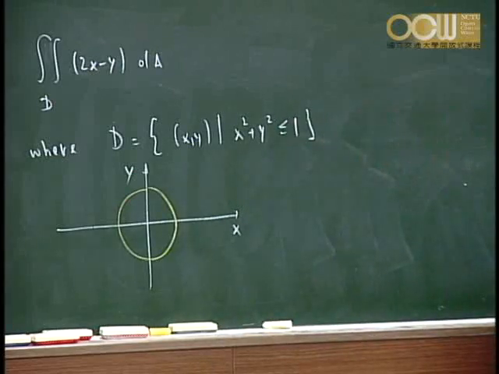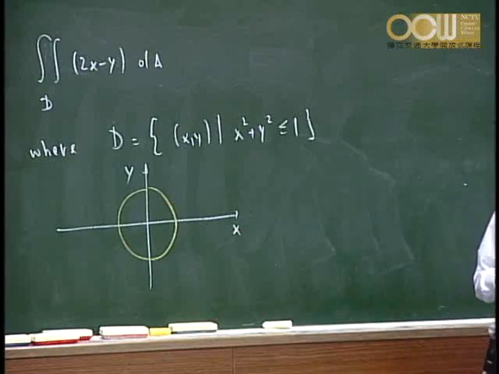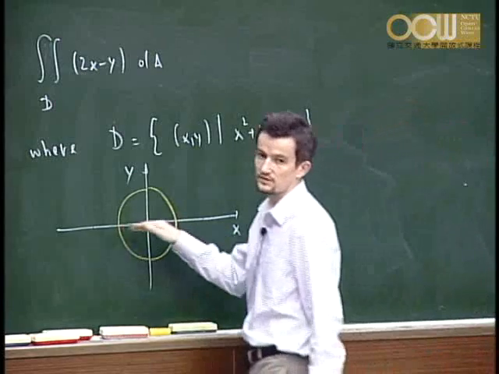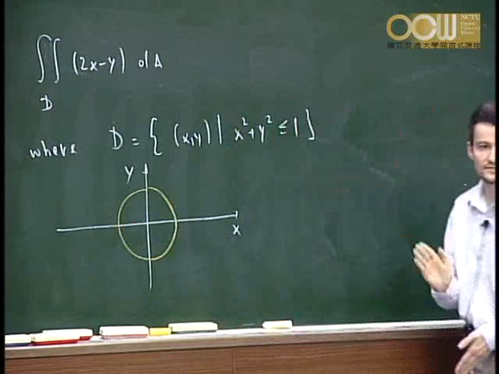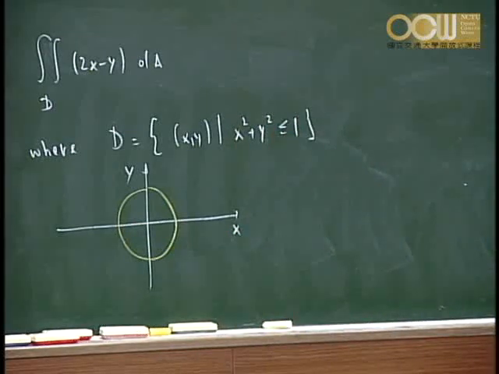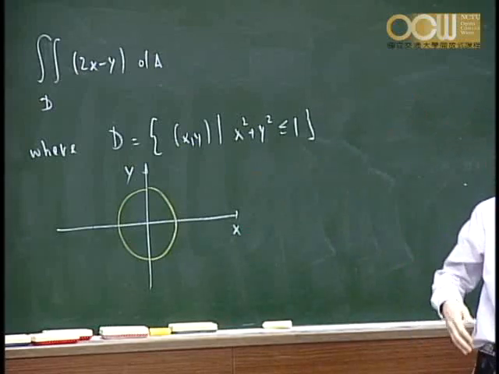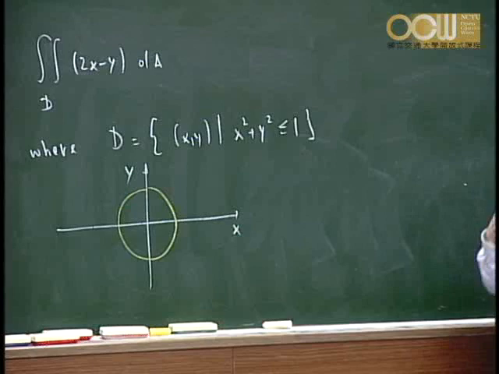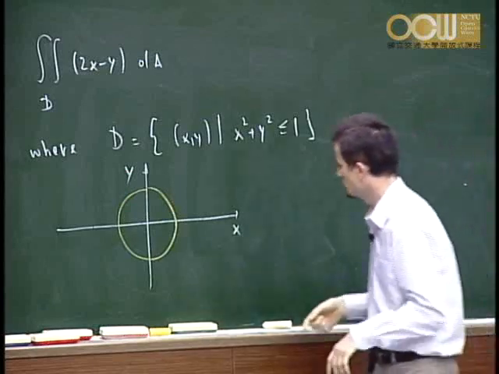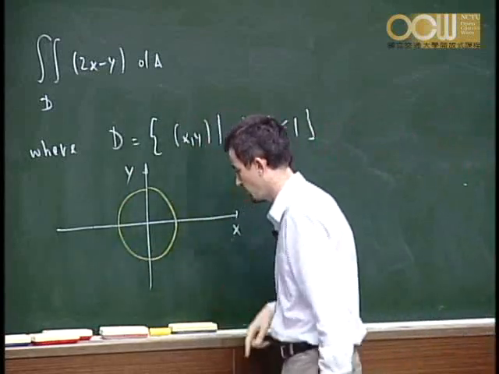So the outer integral is over x, and the inner integral is over y. Now this is kind of awkward because I just said that the inner integral is first and the outer is second. Now we change it. Okay, but the computation is different. So we first go over x, then we go over y.